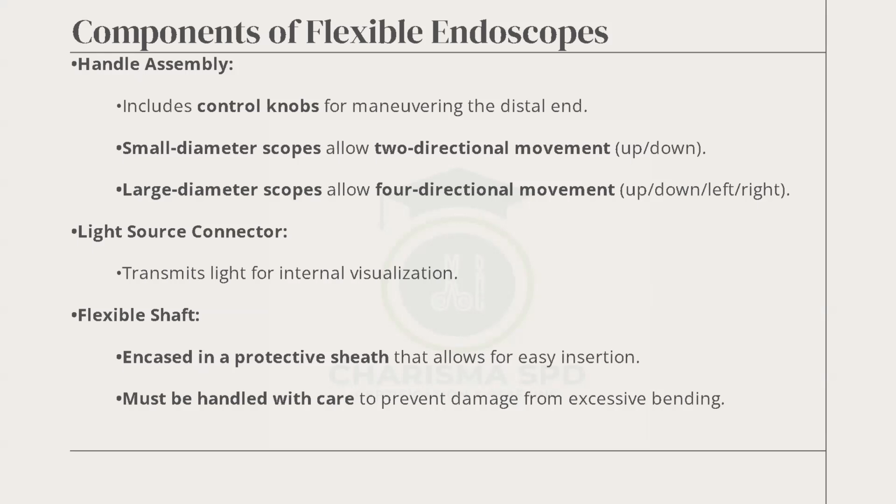Unlike semi-rigid and rigid scopes, which you can raise and look through, pointing to a light to see whether it is clear, with flexible endoscopes you cannot see the light unless you mount it onto a machine where the light is produced.